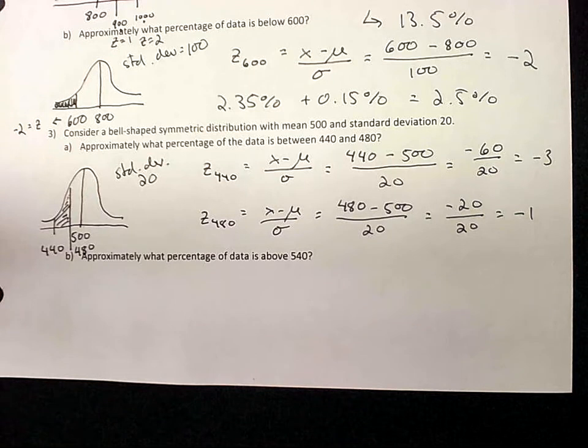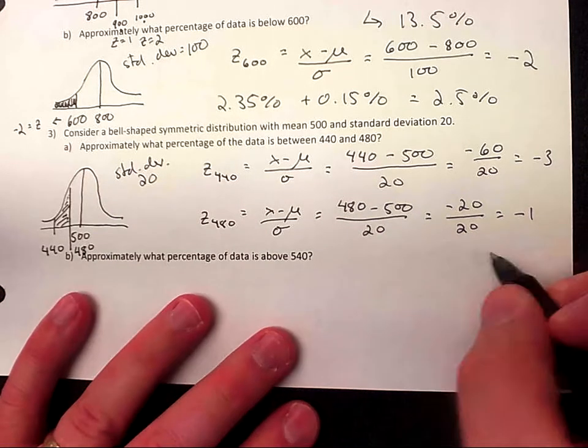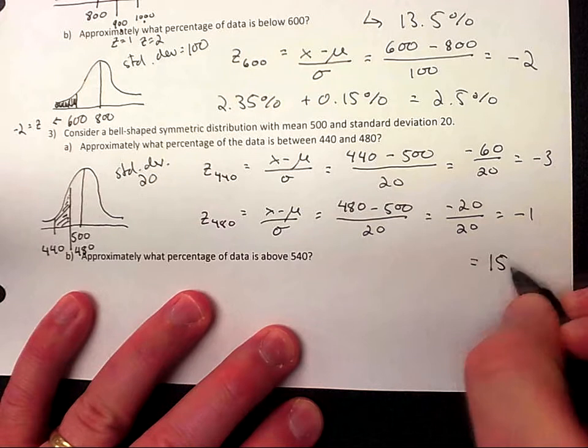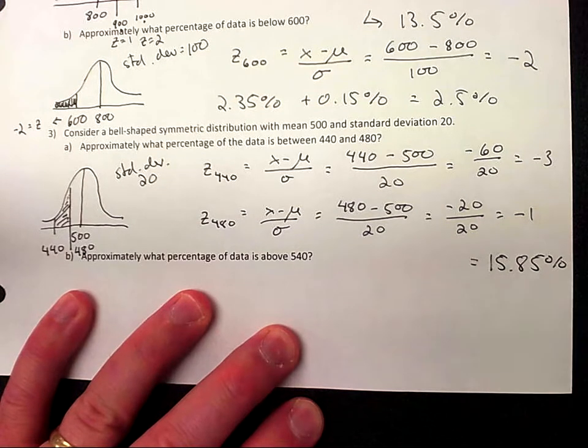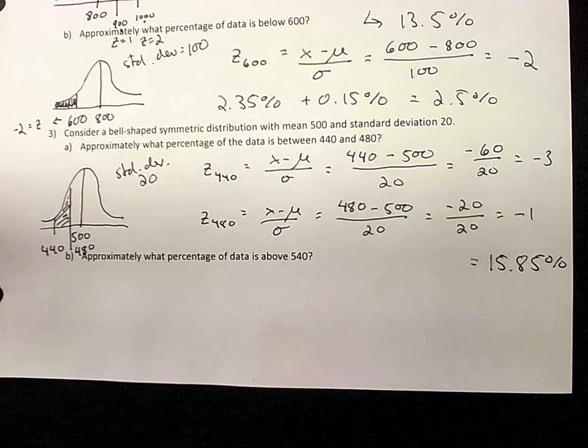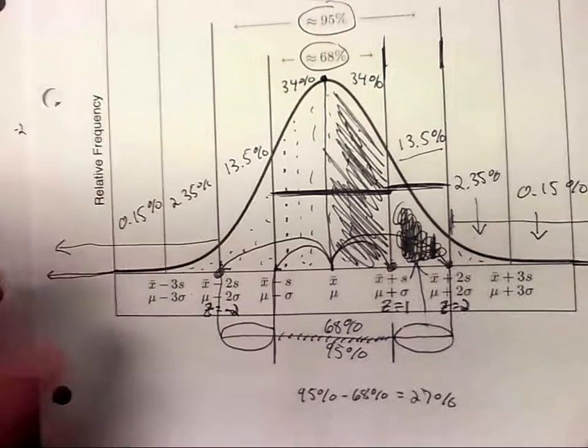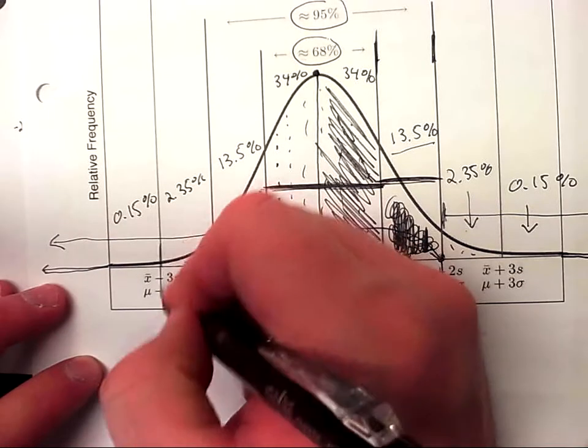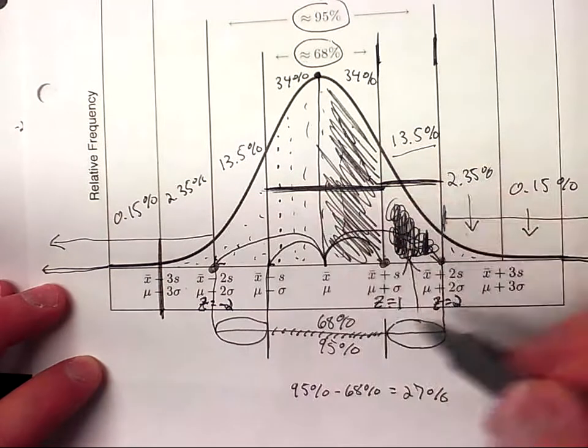So then we're trying to figure out what percentage of our data is between a z-value of negative 3 and negative 1. And the answer to that is 15.85%. And how do we get 15.85%? Again, if we go back to our graph, going down to a z-value of negative 3, we're right here.